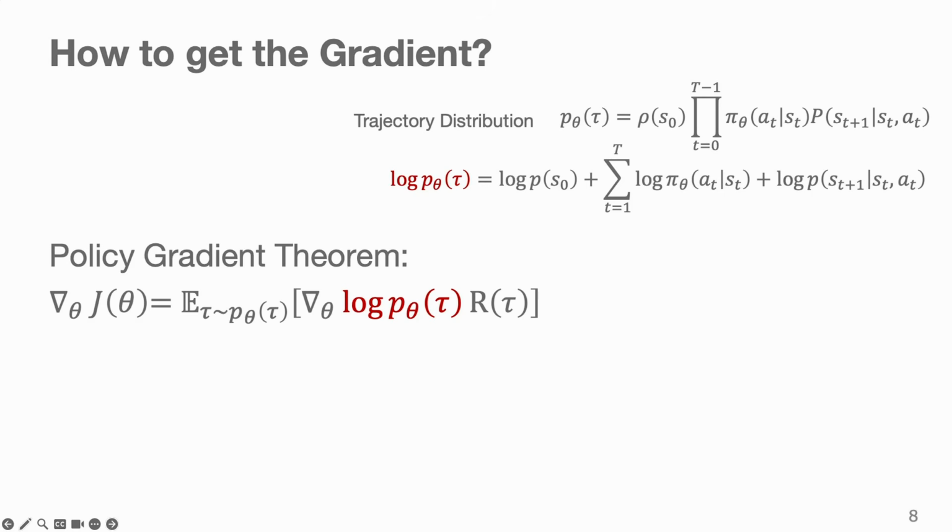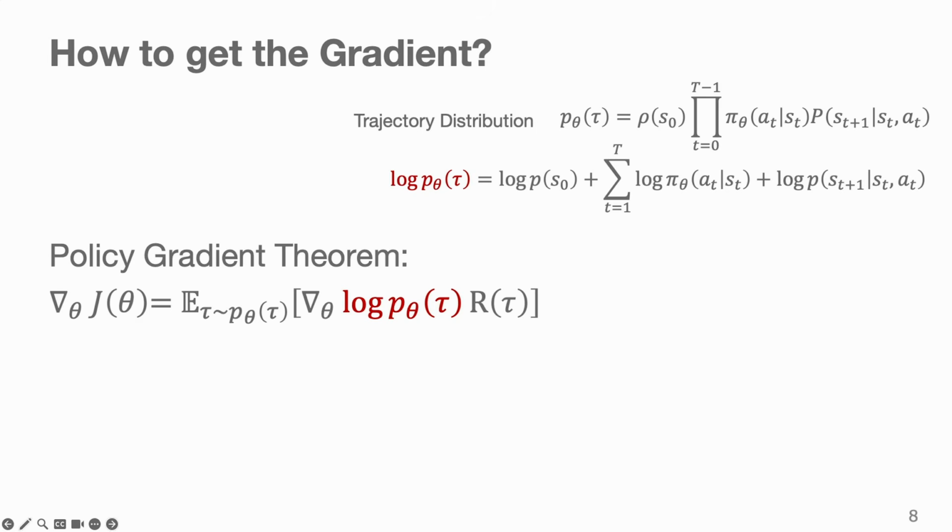So if we apply it to the formula on both sides, we can write this log pi of tau as the sum of log p of s0, plus the summation from t equals 1 to capital T, over the whole horizon, of the log probabilities under the policy, plus the log of the transition probabilities.